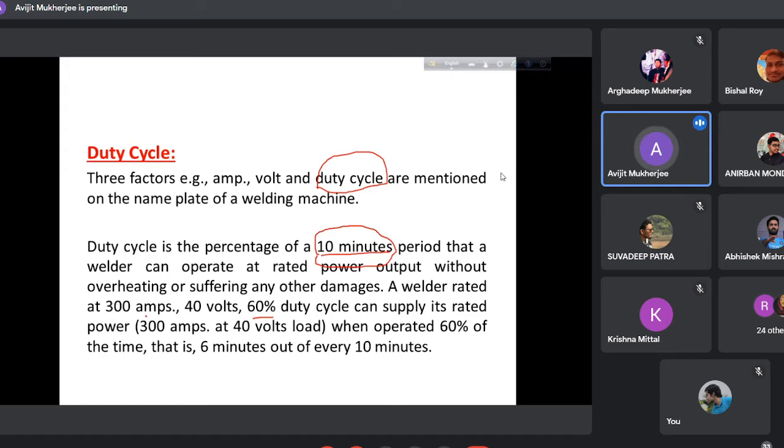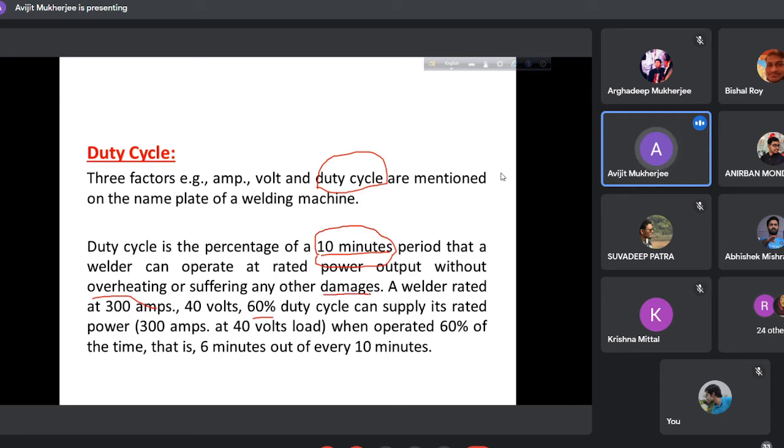Say 300 ampere 40 volt is the rating of that particular machine. If the operator operates with those rating factors, 300 ampere at 40 volts at a stretch for 6 minutes out of the 10-minute cycle, he can work for 7 minutes also, 8 minutes also, 10 minutes also, but without overheating or making any damage.